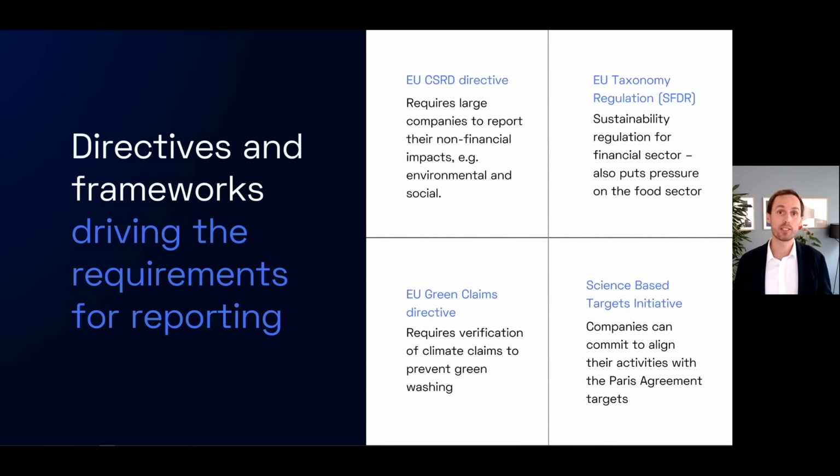The purpose of this is to try to minimize the amount of greenwashing happening in the markets. Finally, companies that want to be ambitious in terms of their climate action can set targets in line with the Paris Climate Agreement of keeping global warming to well below 2 degrees Celsius. The Science Based Targets Initiative is a framework for this.